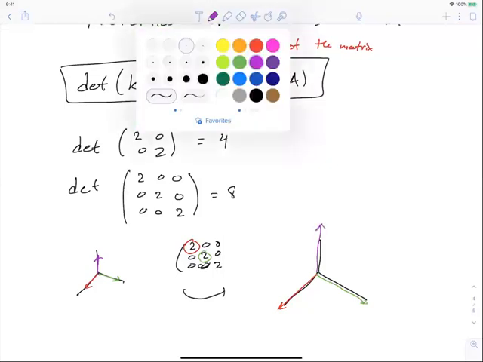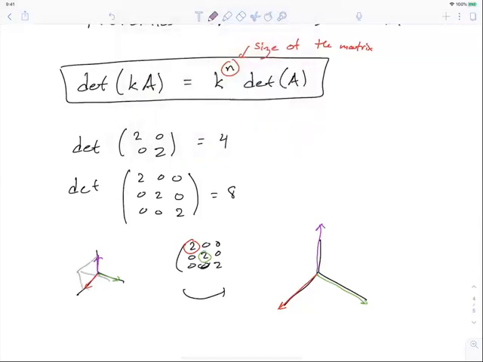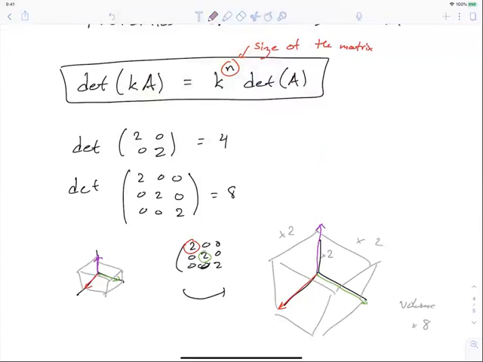And so overall, this cube, this volume, is going to multiply by a factor of 8. So you multiply it by 2 on each side, and that's going to give you a total volume that's times 8. Each dimension that you stretch is going to affect an additional factor that multiplies the final volume. And so in general, you don't multiply just by 2, you multiply by 2 for each dimension, which is why it's k to the n.